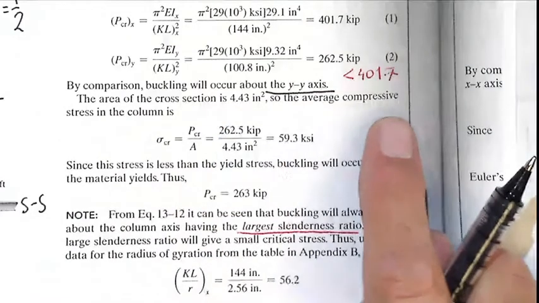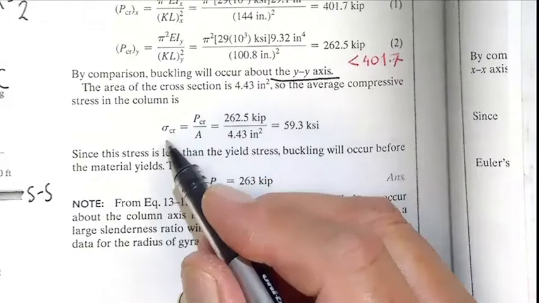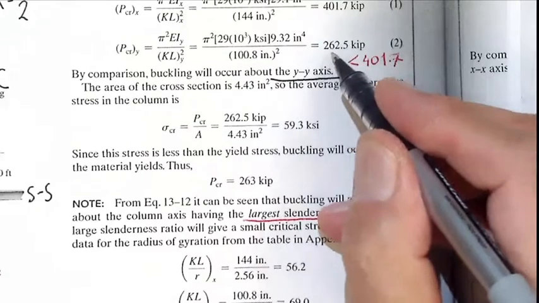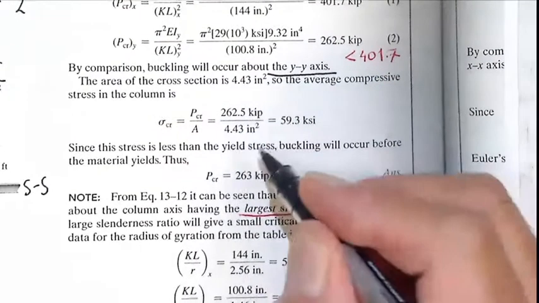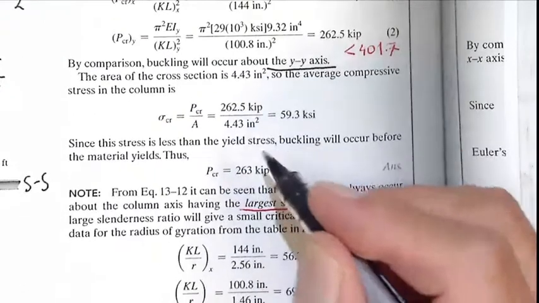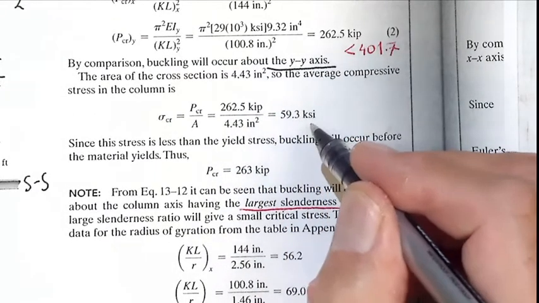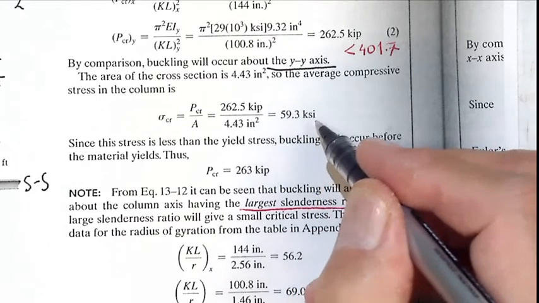So the average compressive stress will be sigma critical divided by A. We calculate with respect to the smallest buckling load, 262.5 divided by 4.43 inch squared. So we get 59.3 ksi. That is the stress that will be incurred.